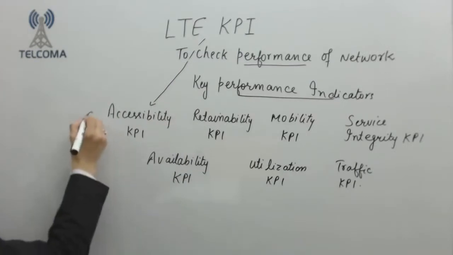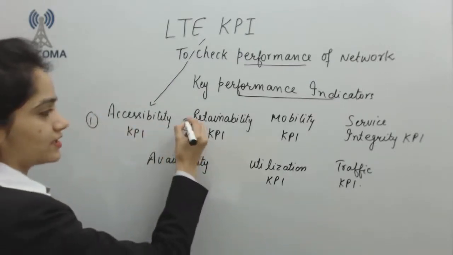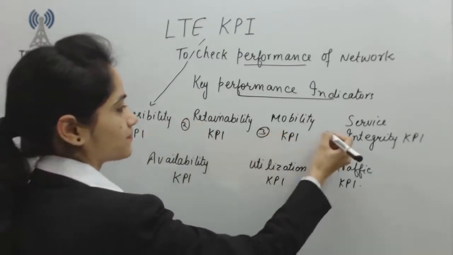So we have a total of 7 categories of key performance indicators.